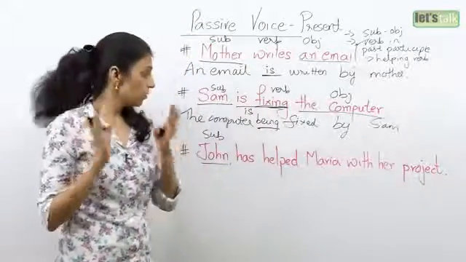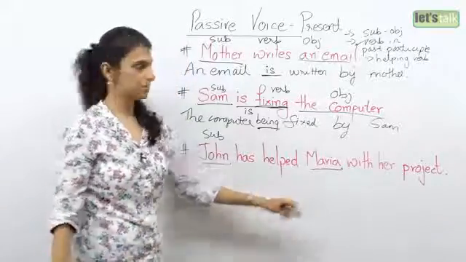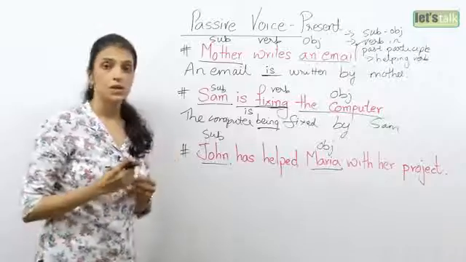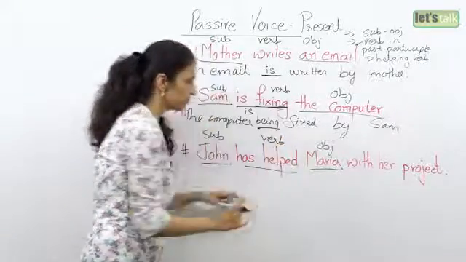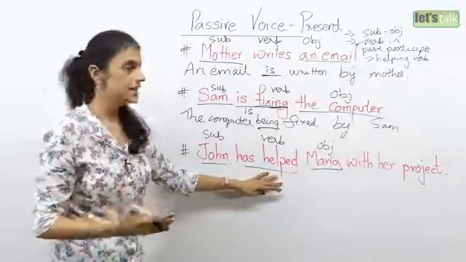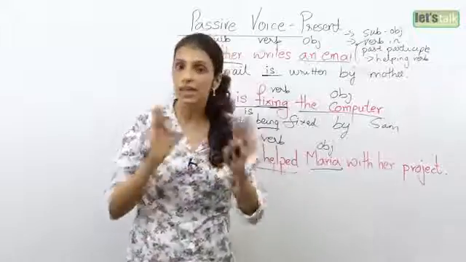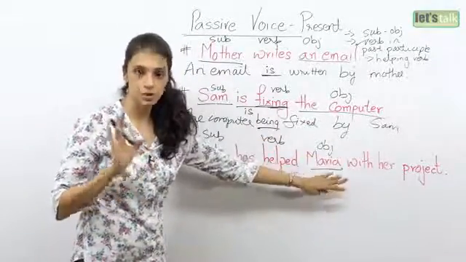No. On what is the action done? On whom? In this case it is Maria. So you have the object. So what's the verb? The action has helped. So remember the action of helping is done on Maria. It is not done on the project. He is not helping the project. He is helping Maria. So she becomes the object.